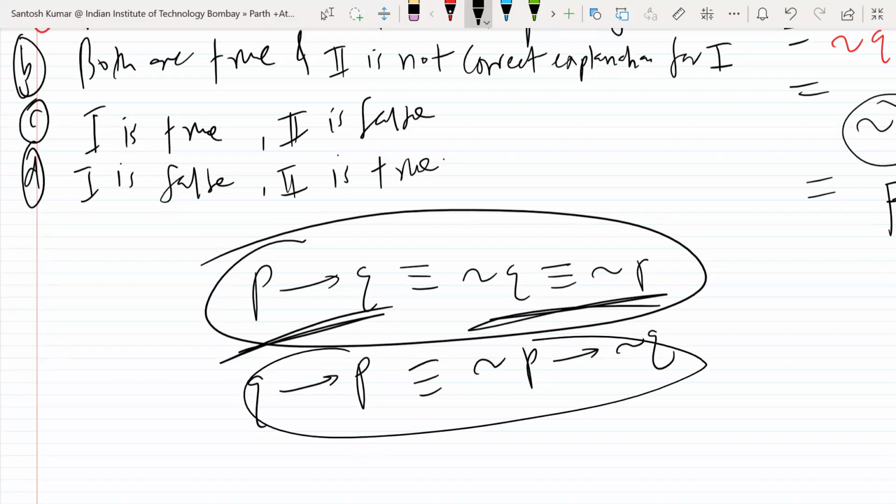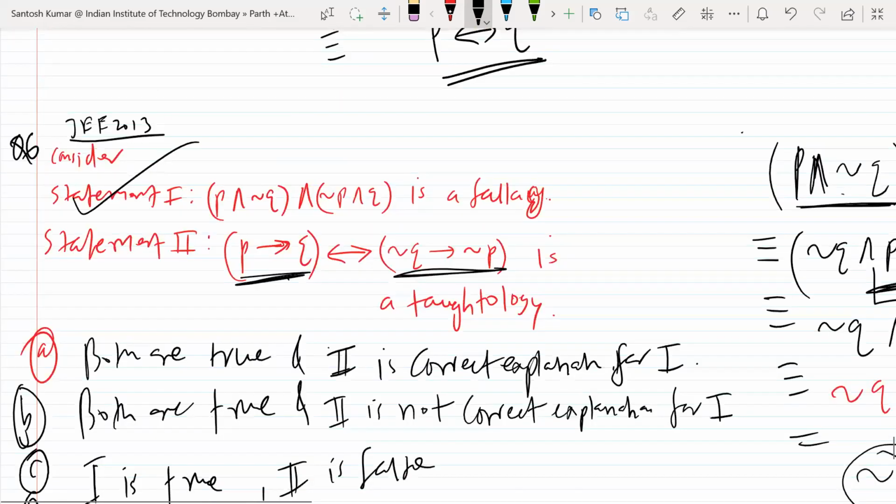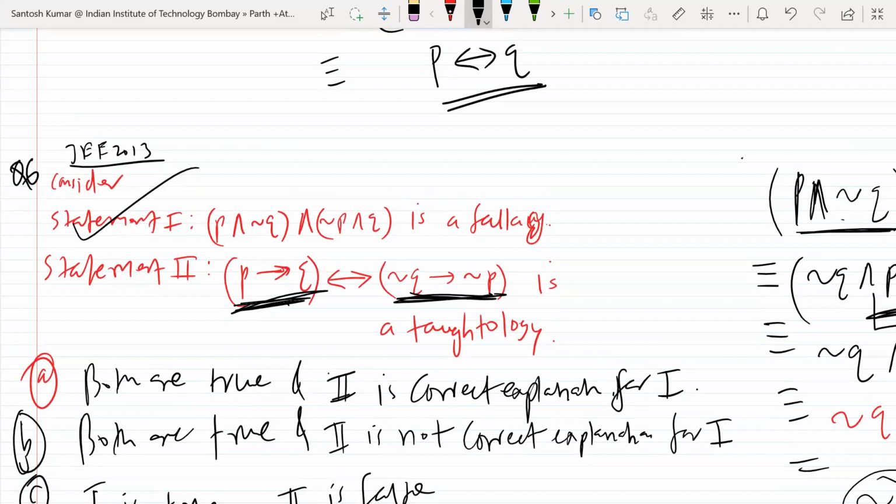So these two are equivalent. Since both are the same statement, this if and only if this is correct. Not Q implies not P is equivalent to P implies Q, so both are the same statement, and yes, it is also correct.